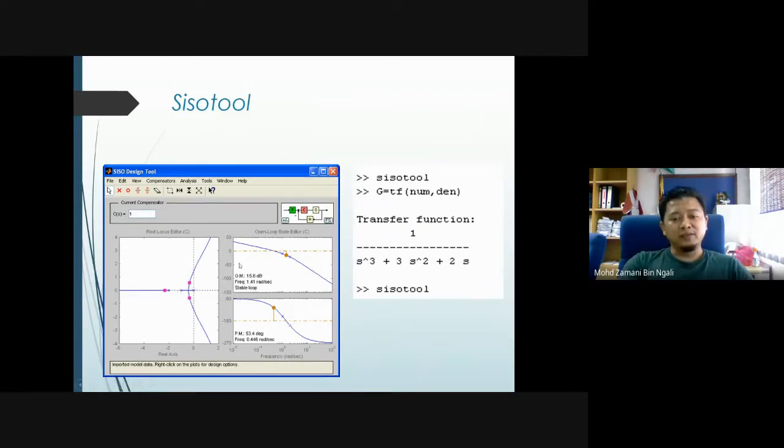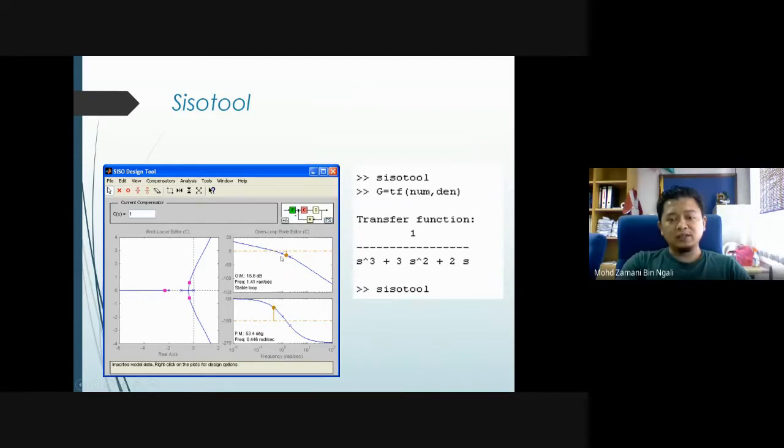But if the gain k gives you the locus at the right side of this imaginary line, the system is not stable.